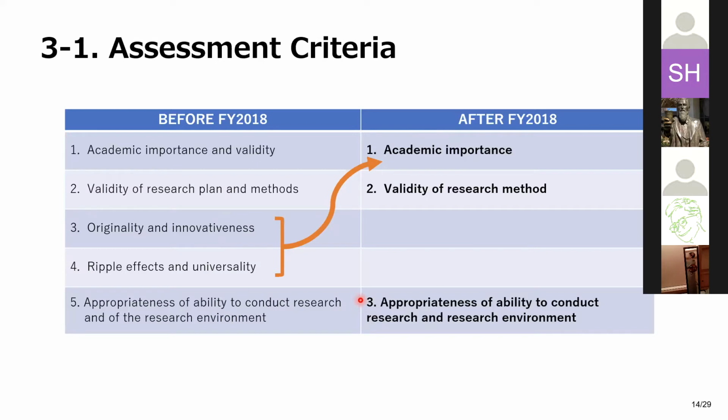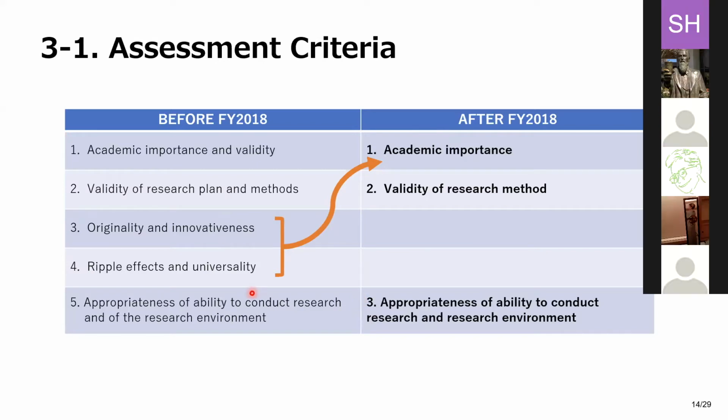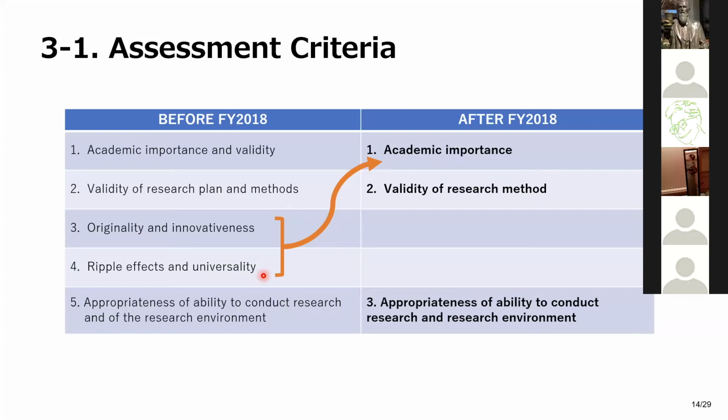Number 3 and 4 in the old version, the originality and innovativeness, and number 4, ripple effects and universality, disappeared from the main factors in the new version. However, they are actually included as evaluation elements in the first factor.